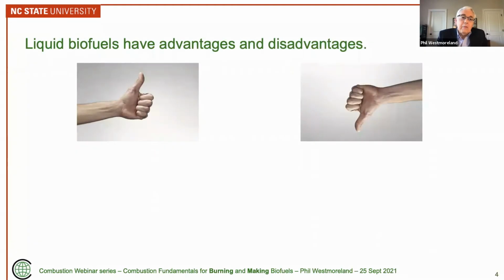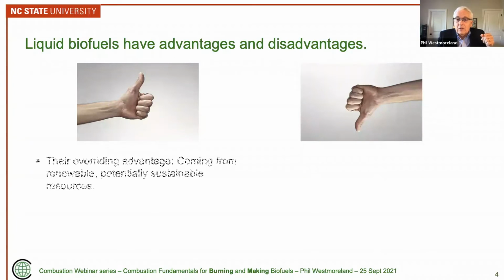So looking at liquid biofuels, their pros and their cons, and the advantages that make us consider them, the overriding advantage is that they are renewable. We can grow new plants, and it's potentially sustainable. We get more energy out than we put in. We can keep it going.